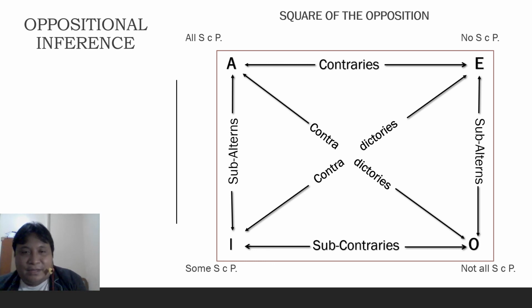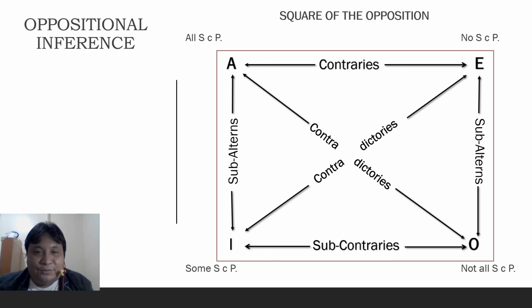Now, for the subalterns, A and I propositions on the left corner are subalterns. On the right side, it's the negative quality. What is written above are the universal propositions, and what is below are the particular propositions.